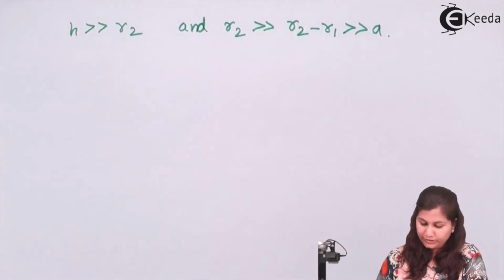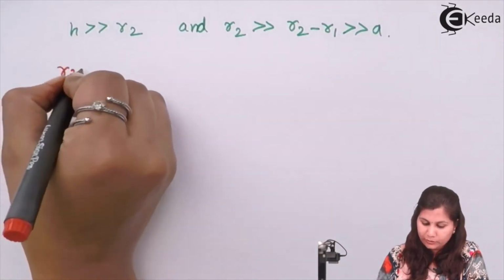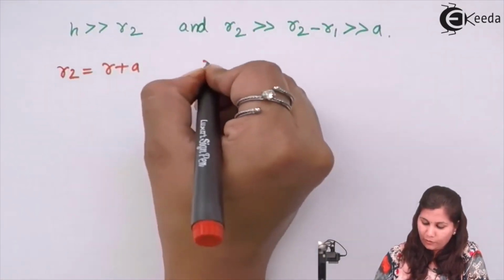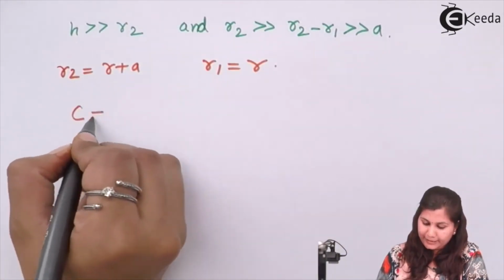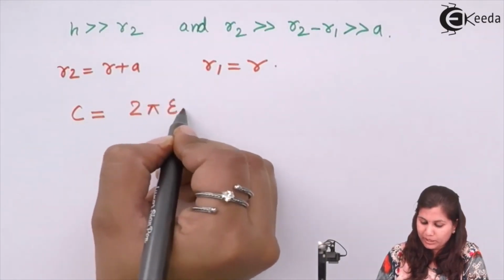Okay, so in that case R2 is equal to R plus A, or we can say R1 is equal to R. So in that case capacitance is reduced to 2 pi epsilon naught.